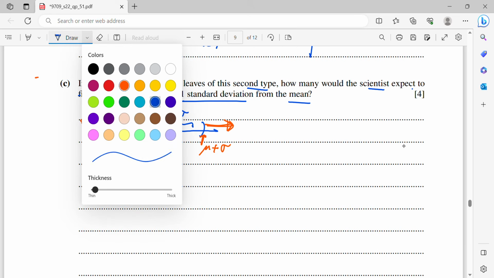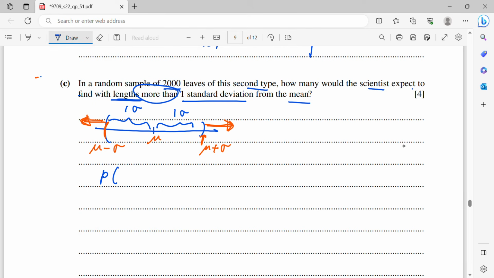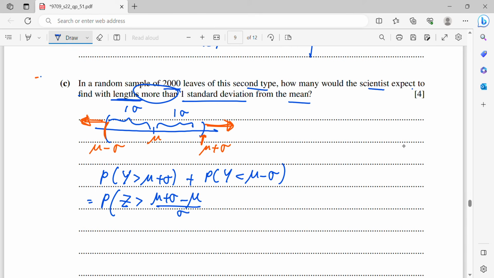Right? Now I will say it is P y more than mu plus sigma, or P y less than mu minus sigma. Then now again we standardize. I will not replace the mu and sigma first, because later we can cancel off the terms. So when you standardize, you always minus mean over standard deviation, plus the next value is going to be mu minus sigma, then you minus mean over standard deviation.